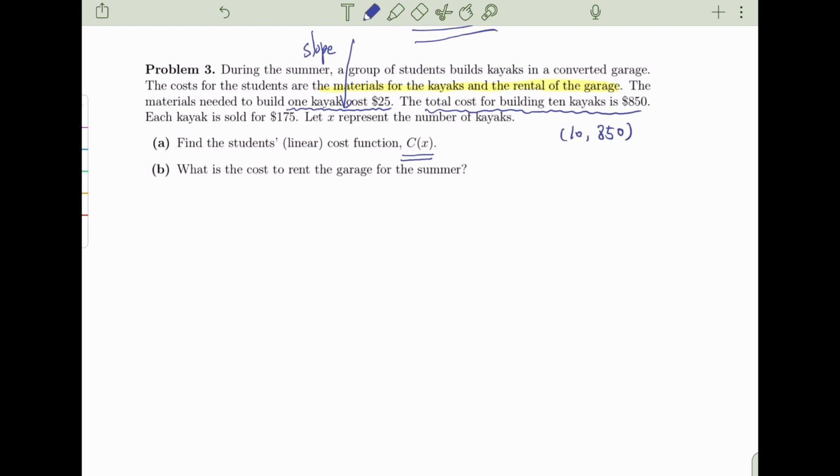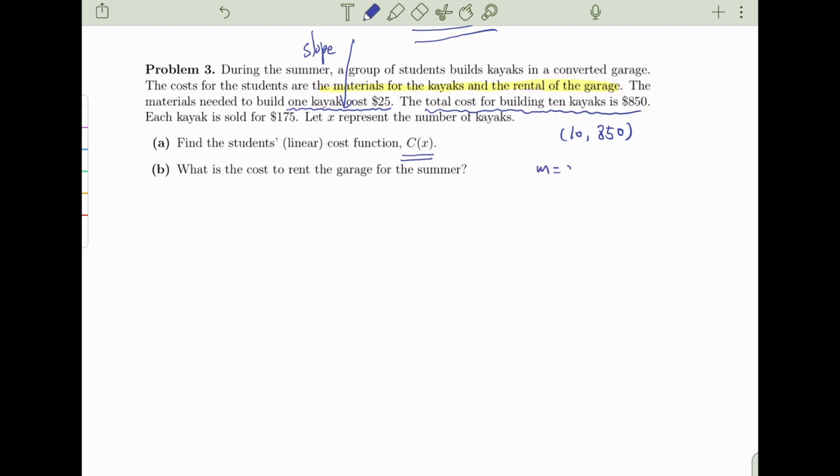Why is that the slope? Because as x increases, y also increases. That is the ratio of the increment of y and x. Build 1 more, pay $25 more. So it's the slope of the line here.